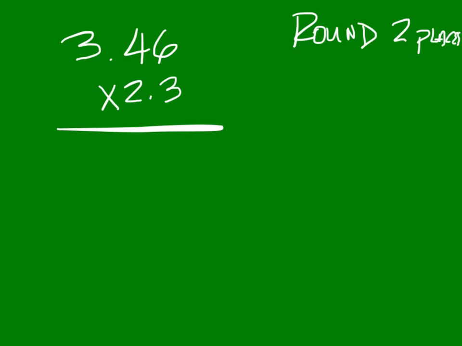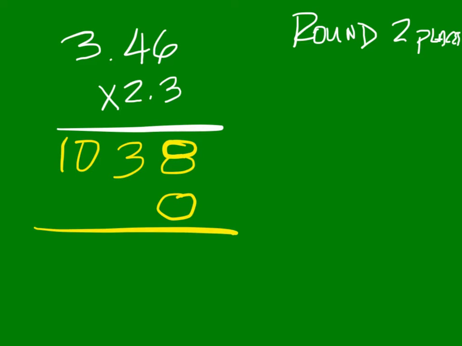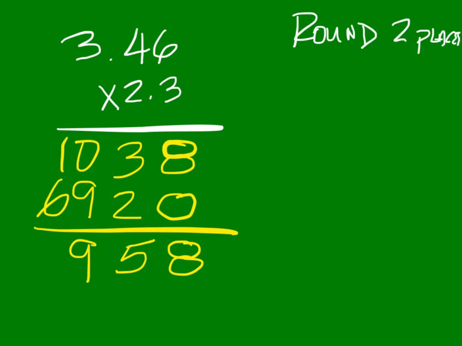Alright, this is 8, and then 3, and 10. Did you have that so far? Alright, so we put a 0 down, then we'll have 2, 9, and 6. You had that? And then 8, 5, 9, and 7.